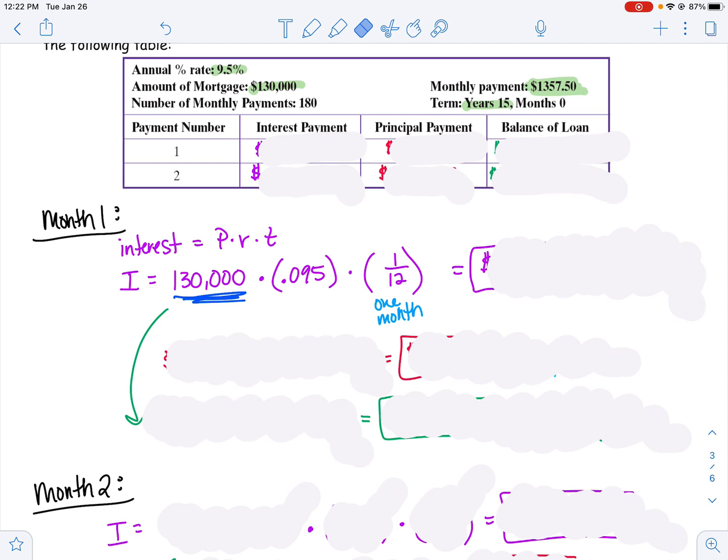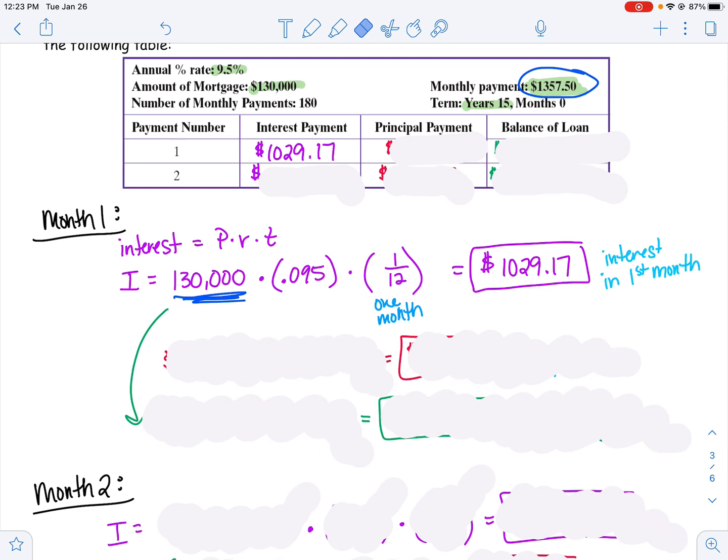I'm going to calculate that using my calculator: 130,000 times 0.095 times 1 over 12, and I ended up getting $1,029.17. What that means is that $1,029.17 is the amount we pay in interest in that first month. So even though we sent the payment of $1,357, $1,029 of that is just going to the bank.